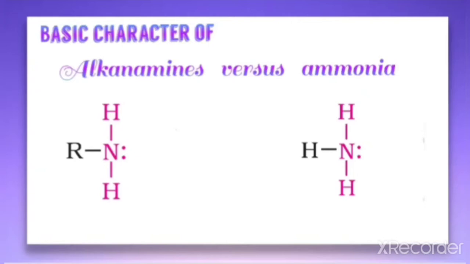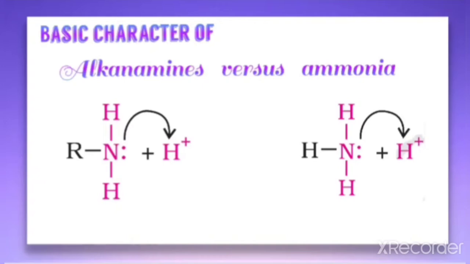That means both are capable of donating the lone pair of electrons to the proton, so both can act as a base, that is, as a Lewis base. But if you want to compare the basic character of these two, which one is more basic?